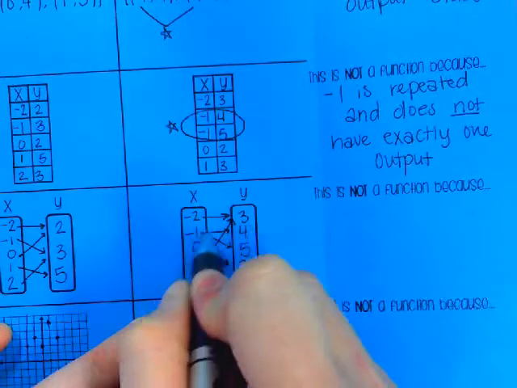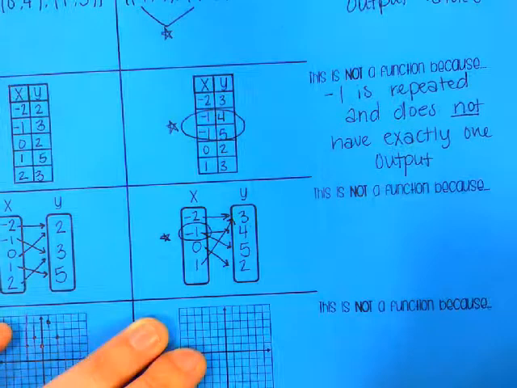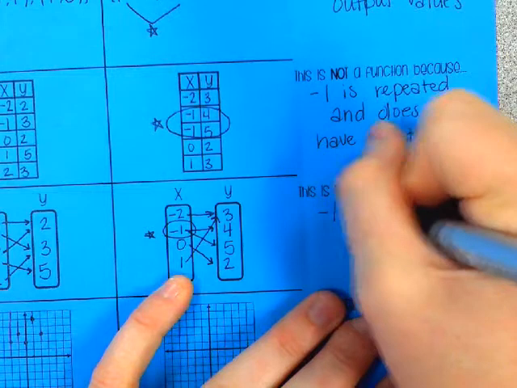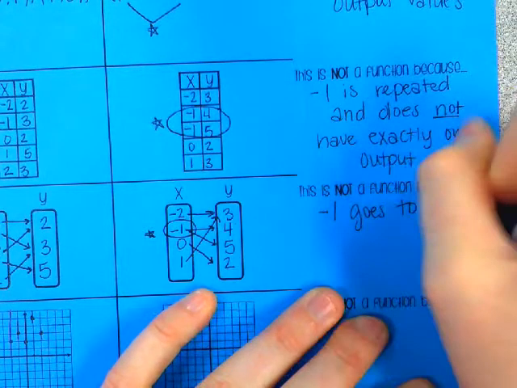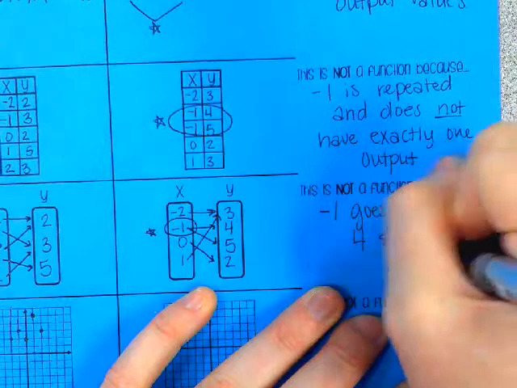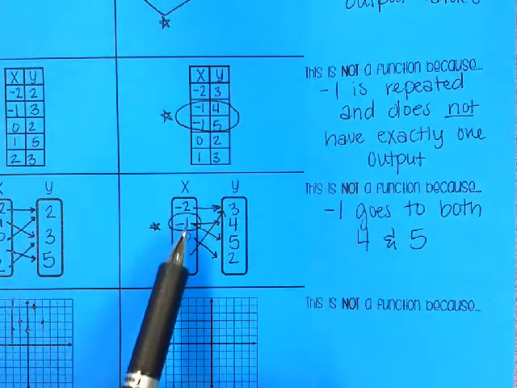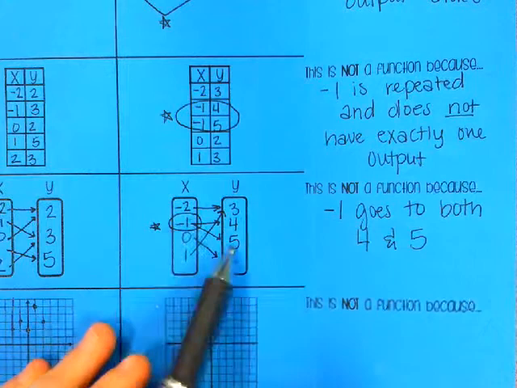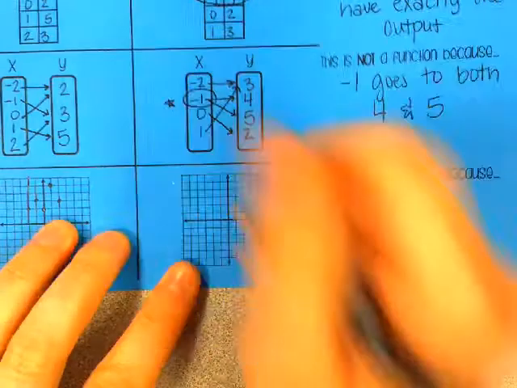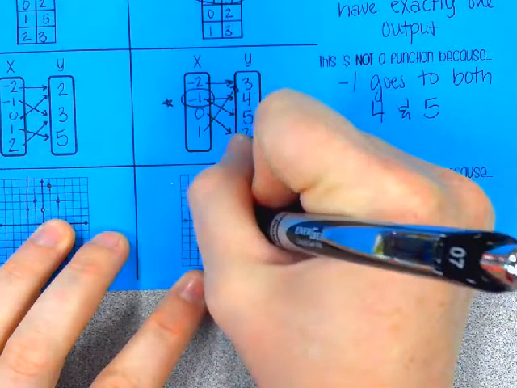So the part that makes this not a function is this right here. Because -1 goes to both 4 and 5. So as soon as you see that one of the numbers goes to 2 different things, it is no longer a function.